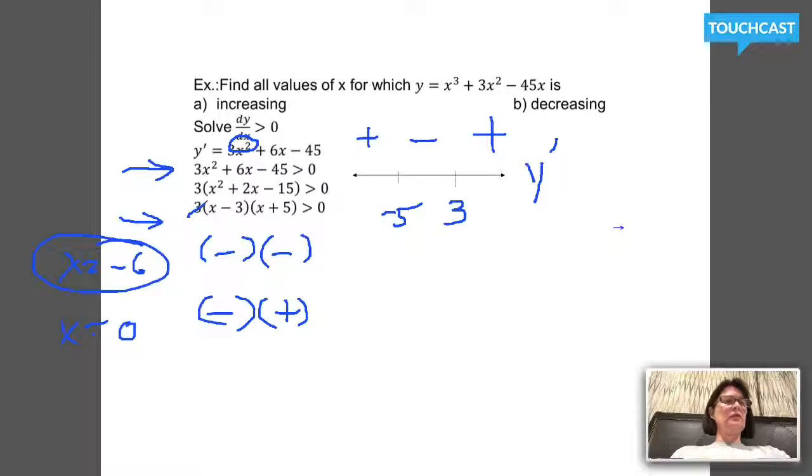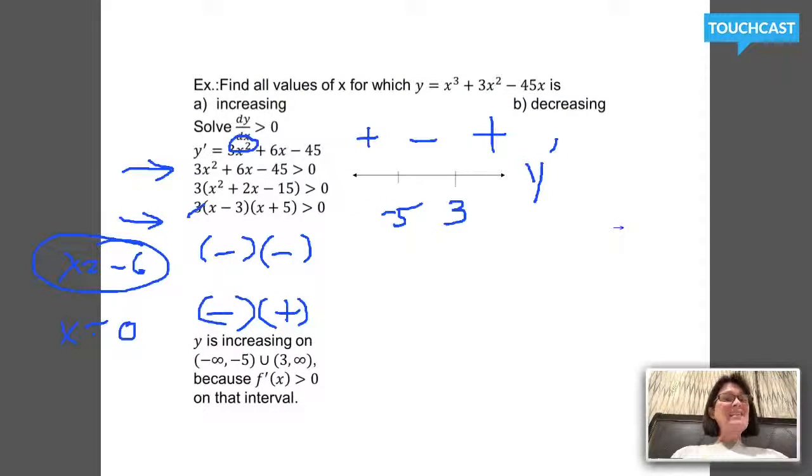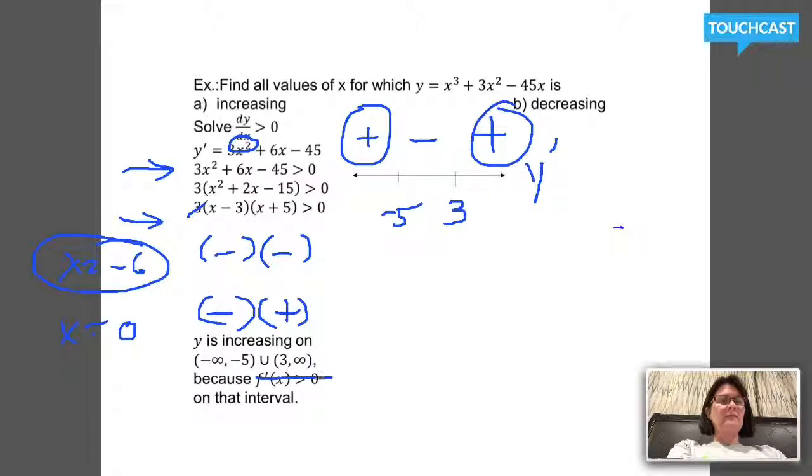So I'm going to label that as a sign chart for y prime. I'm going to come to this conclusion that y is increasing on -infinity to -5 and 3 to infinity. Notice there are two sections that ended up positive. This is my video and my slide set, but that doesn't mean I don't find things I want to fix. I'm going to say because y prime is greater than 0.